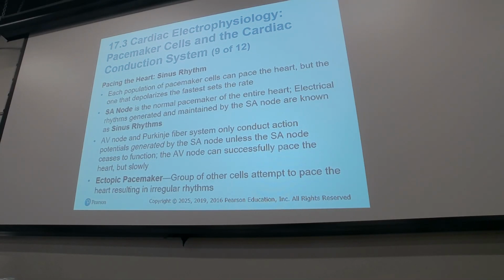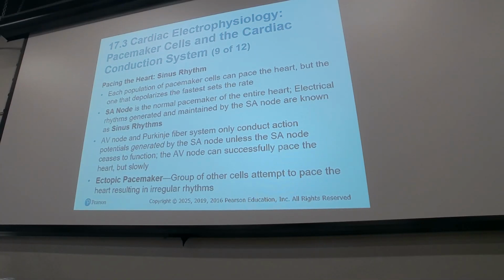So when your SA node is functioning and sending electrical signals so that the rest of the conducting system makes the heart muscle cells contract, you will have heartbeats that will be reflected in an electrocardiogram, and this is called sinus rhythm.